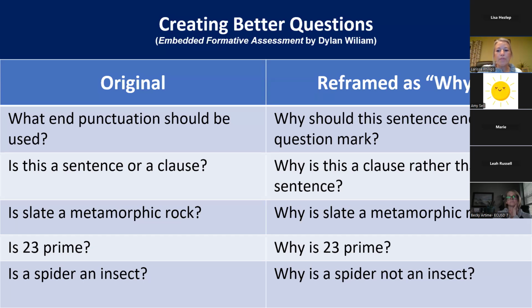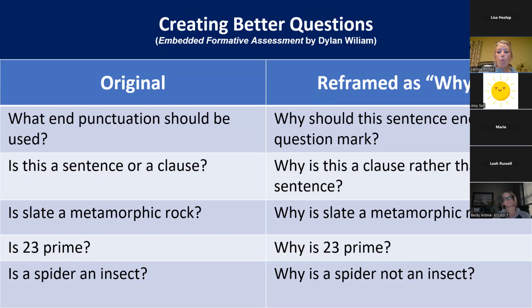So for example, instead of asking, what did the character do, which only requires a recall, a teacher might ask, why did the character do that? That subtle shift requires students to think about motivation, context, and textual evidence.